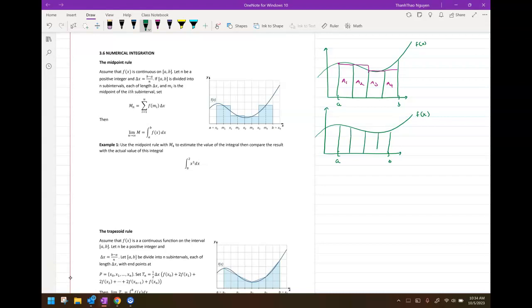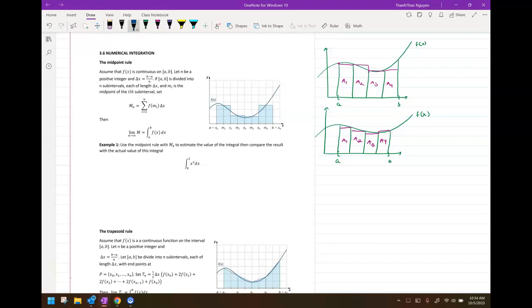If you want to use the right endpoint, then we calculate the area 1, area 2, area 3, and area 4. So you noted that we have an over and under estimate. If we use the midpoint for the estimation instead, we will get a closer estimation, a closer value to the actual area under the curve.